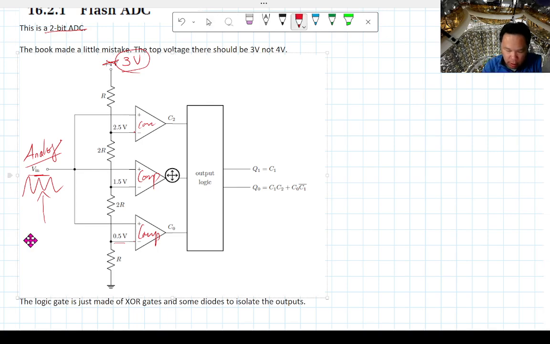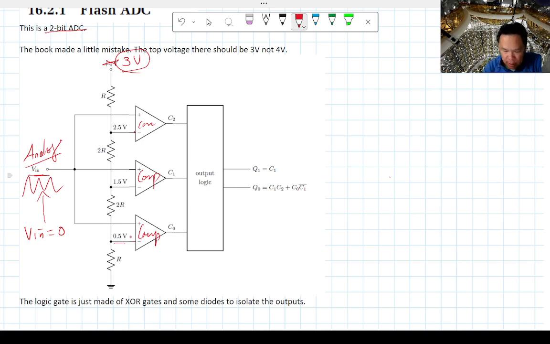So let's do some checking. Let's say Vn is 0. If Vn is equal to 0, what happens is that you get ground, ground, ground to all the positive inputs.